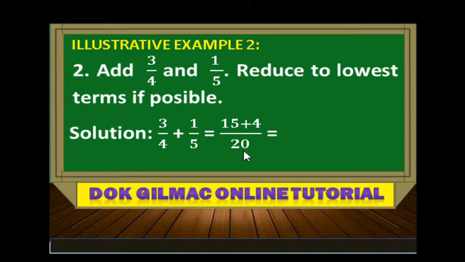Then, we divide 20 by 4, that is 5, times 3, we have 15. Plus, 20 divided by 5 is 4, times 1, so we have 4. So that is just equal to 15 plus 4 all over 20, or simply equal to 19/20.